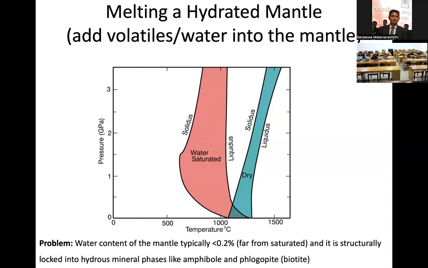To melt, as we know, we need heating, meaning increasing the temperature. But if you lower the melting point, then at a lower temperature, with a low amount of heat, the melting can start. So that is the phenomenon behind adding water or volatiles into the mantle, which causes the mantle to start partial melting, right?